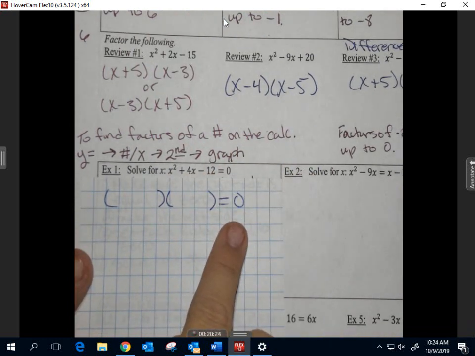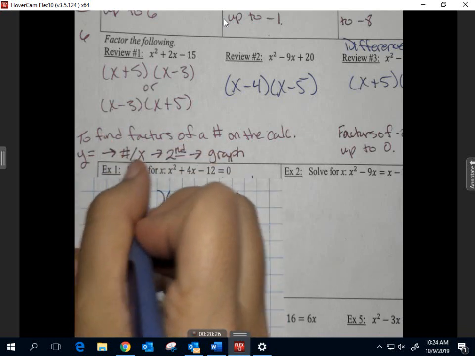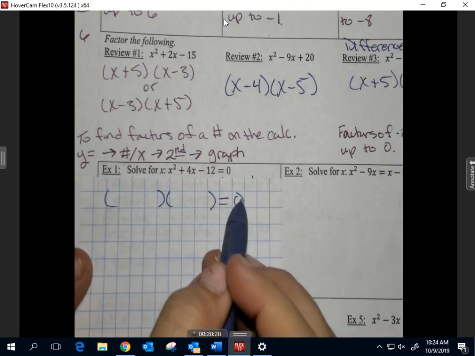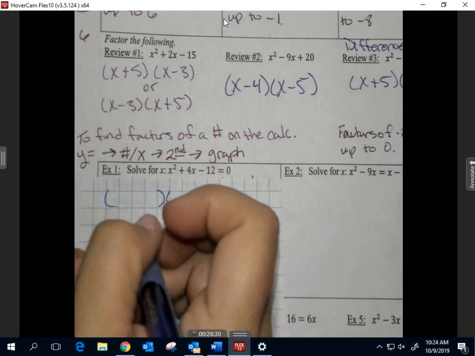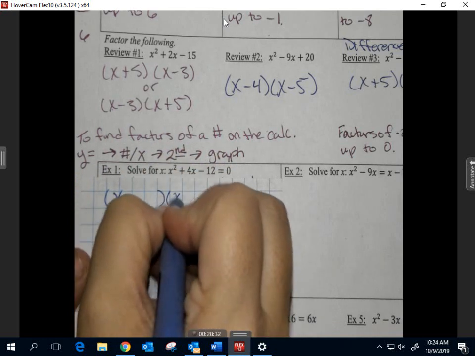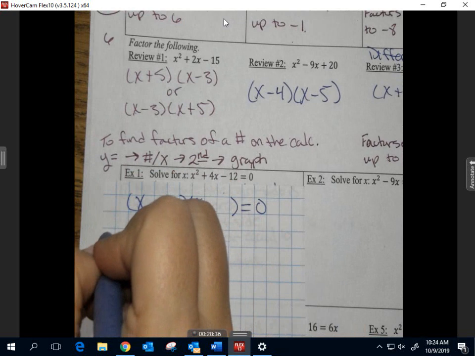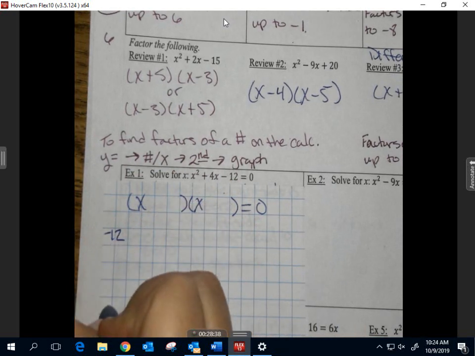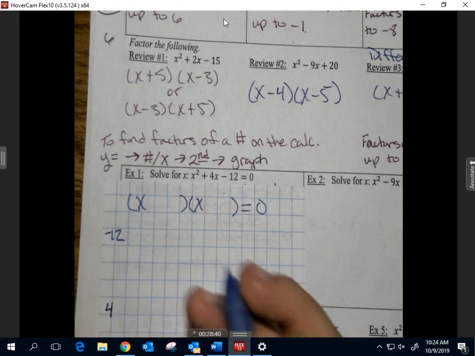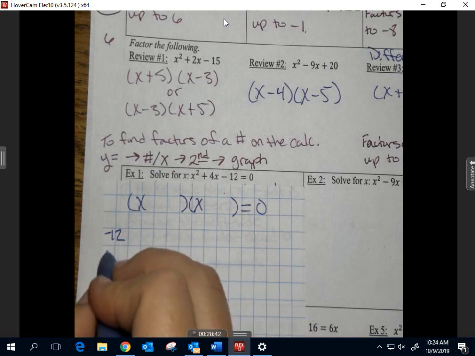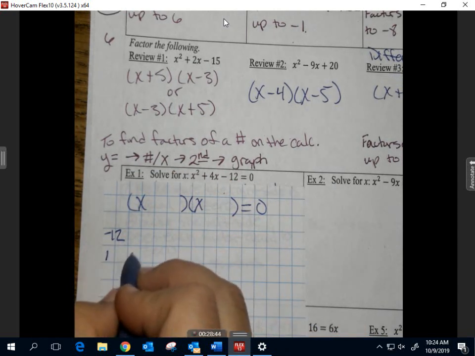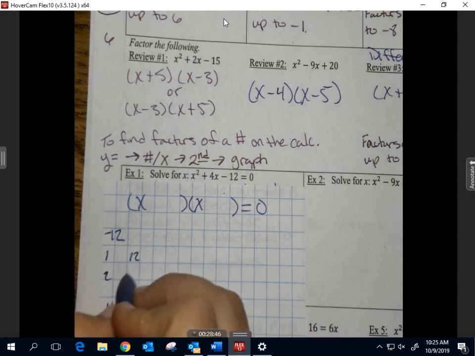So draw my 2 sets of parentheses. Both start with x, but we're looking for factors of negative 12 that add up to positive 4. So we have 1 and 12, 2 and 6, and 3 and 4.